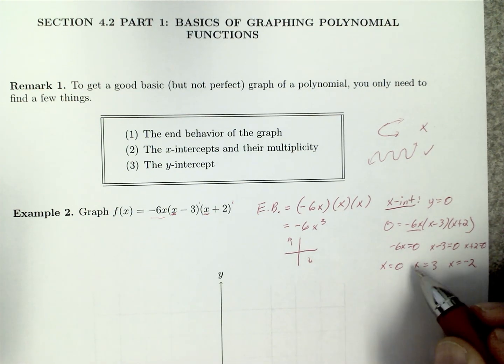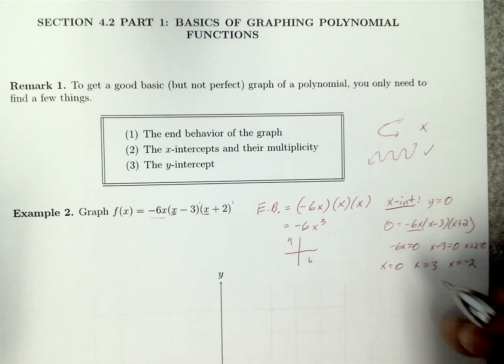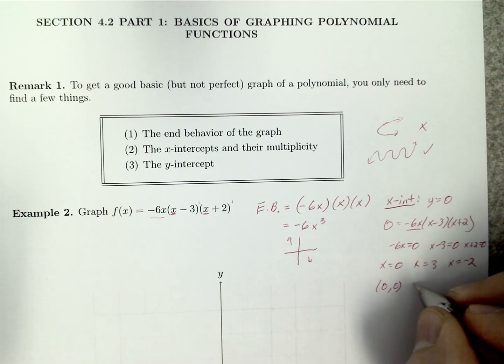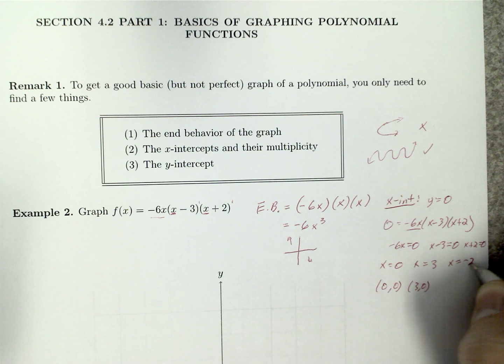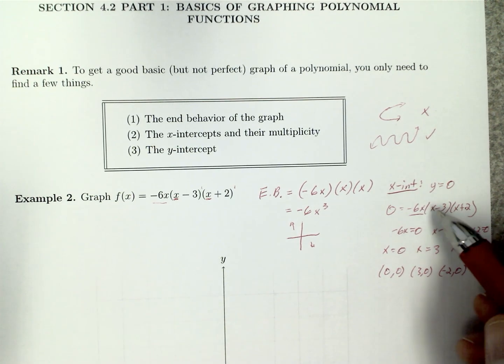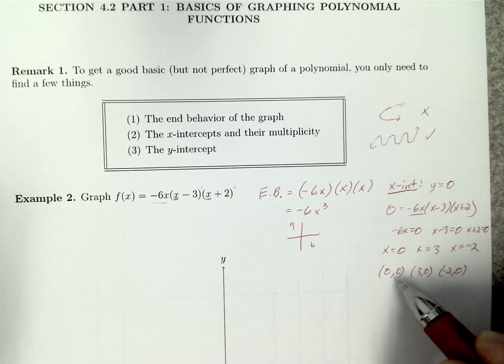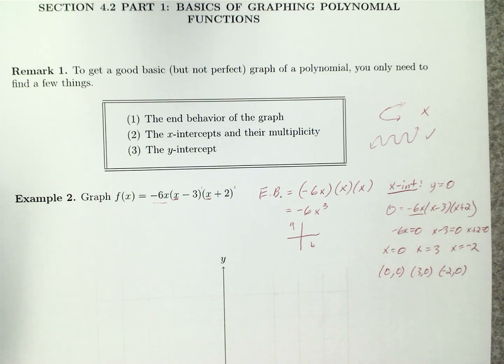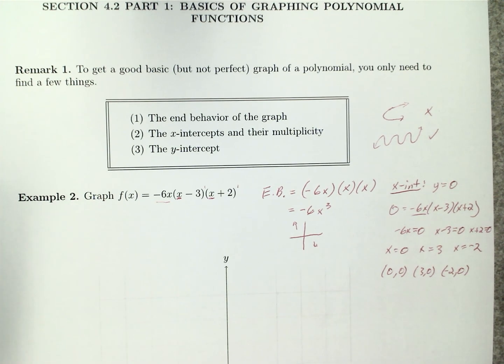And then we get this back to being points: (0, 0), (3, 0), and (negative 2, 0). And again, regarding multiplicity, we'll note right now that these are all odd multiplicity, which we'll make note of in the future.